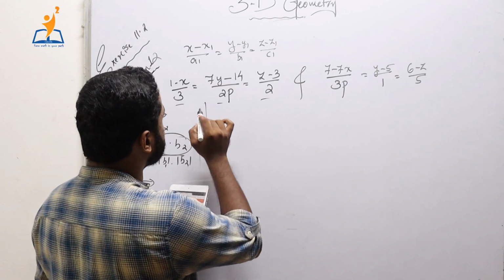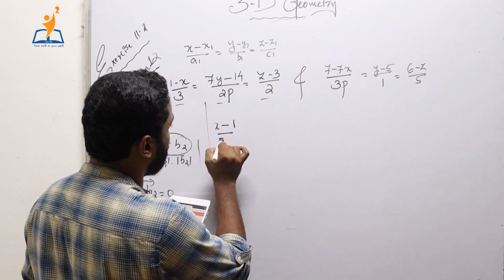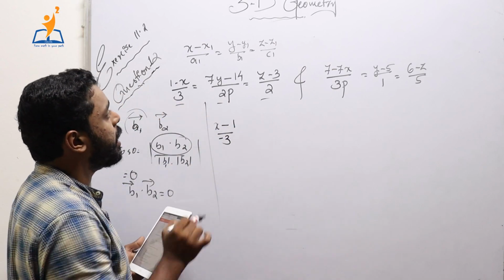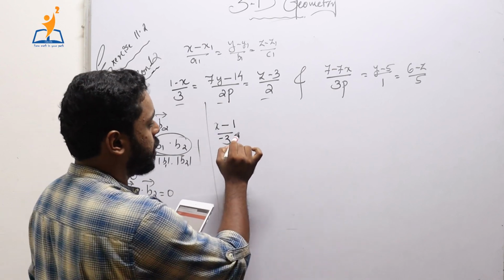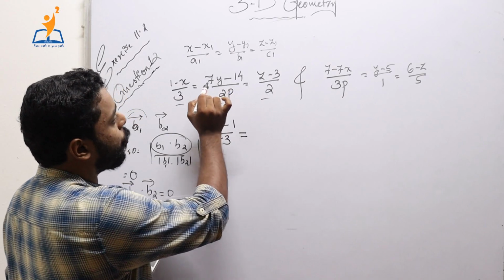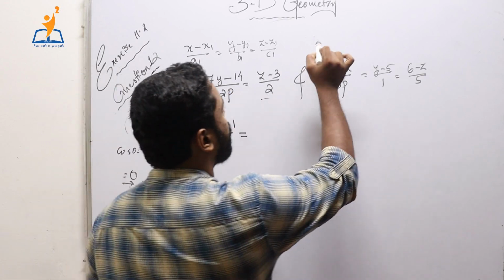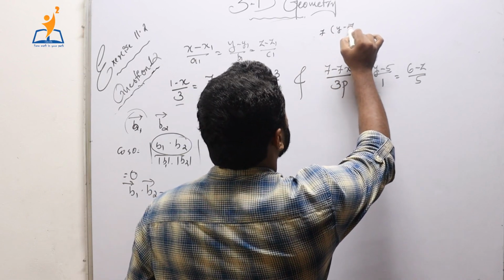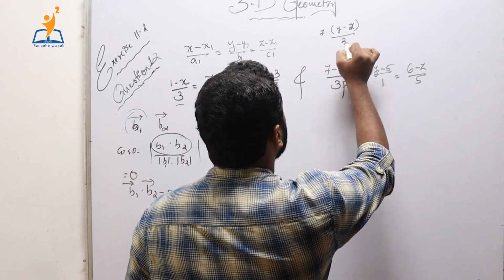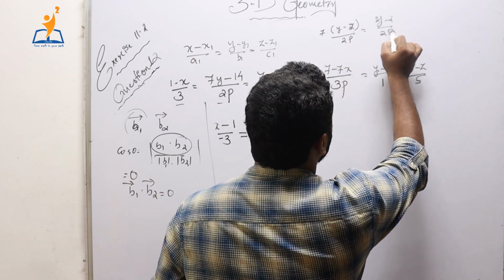So converting this into the standard form, the equation will become (x minus 1) divided by minus 3. We have to multiply the numerator and the denominator by minus 1 so that it takes this form. Now here we have 7y minus 14 divided by 2p, right? We can take 7 common, so it will become 7 into (y minus 2) divided by 2p, that is, (y minus 2) divided by 2p by 7.